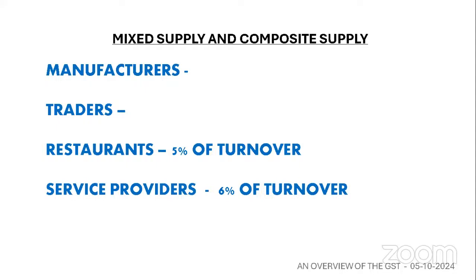Now, if you are a manufacturer and trader, say in the same example, you are a buyer and seller of TV, you purchased a TV for 1 lakh rupees and paid 18,000 rupees GST on that, and you are going to sell the TV at 2 lakh rupees. Now, you have to charge only 2 lakh rupees to the customer.